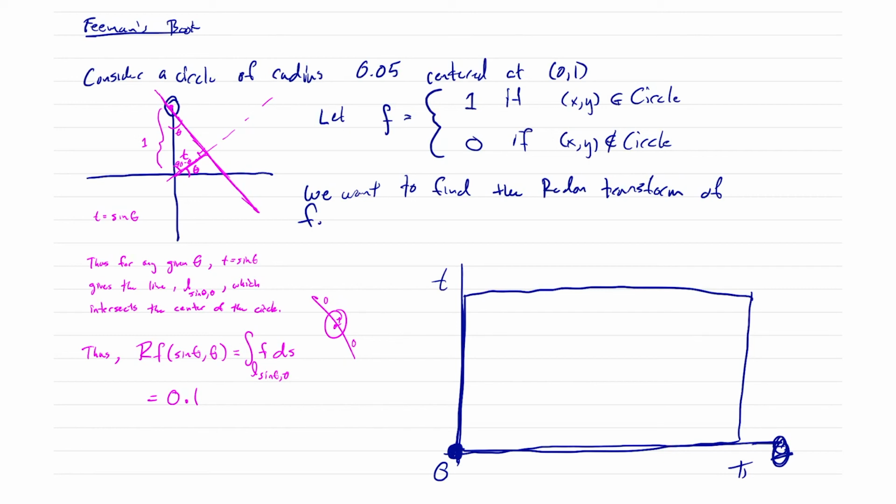Okay. We can keep following this along here, and at pi over 2, sine of pi over 2 is 1, so that's at height 1, up here, and at pi, sine of pi is 0, right? So that's what we get. That's more or less what we're having.